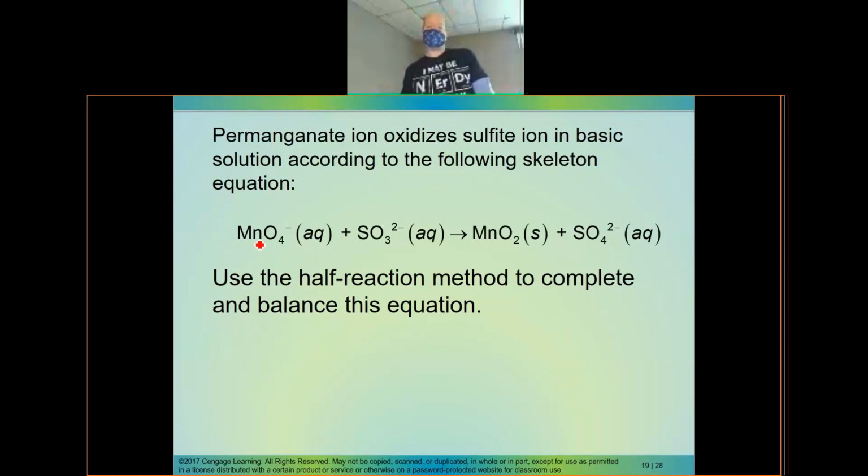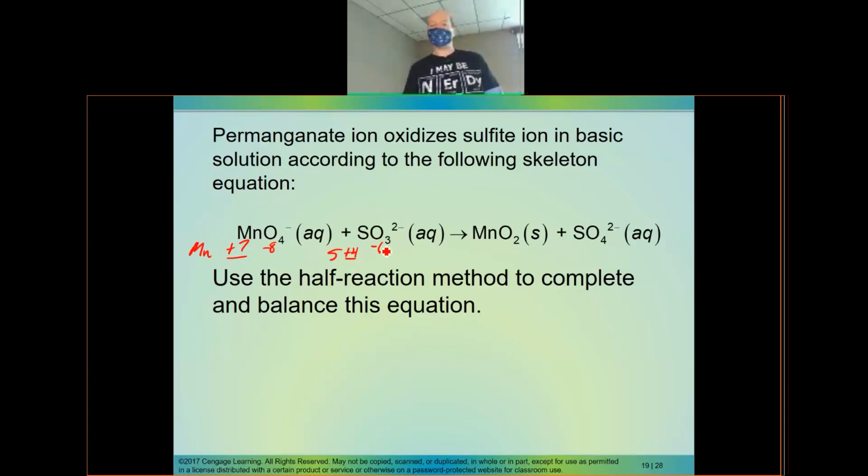All right, so when we are balancing this, again, we already did MnO4 minus. Oxygen's minus 2, there's 4 of them, that's minus 8. And so again, your Mn is plus 7 in MnO4 minus. In SO3 minus 2, oxygen minus 2, that's minus 6, and in order to get a minus 2, your S is a plus 4.